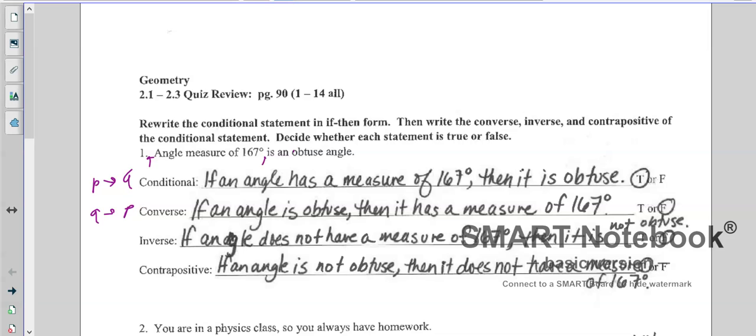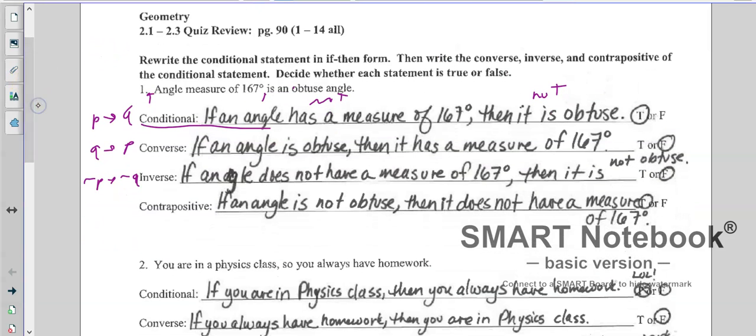And then you have the inverse, which is back to the original, but not P and not Q. So all we do is take this one and add a not. Now you wouldn't say has not, you would say does not. That is the third statement: if an angle does not have a measure of 167, then it is not obtuse.